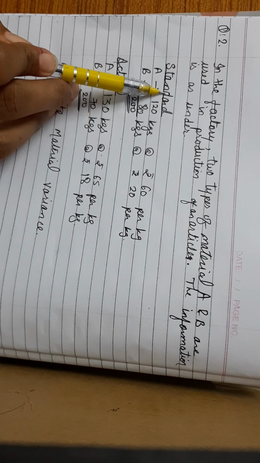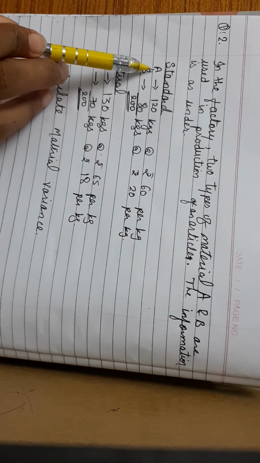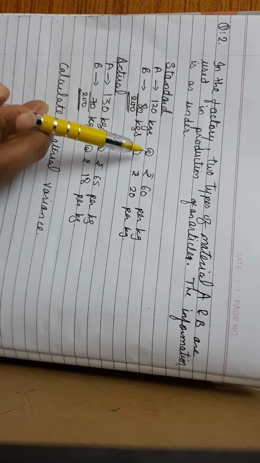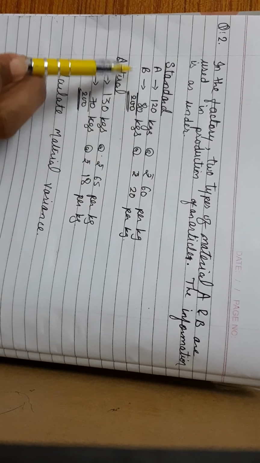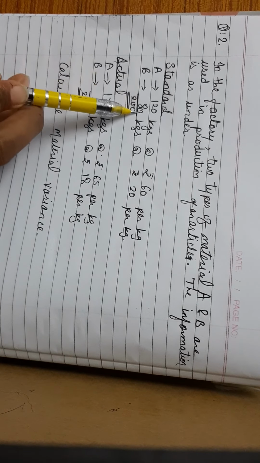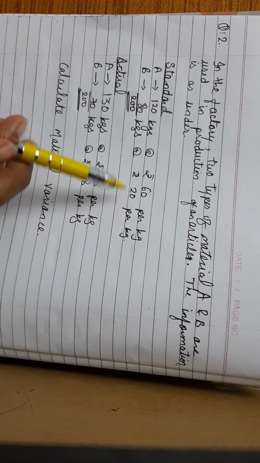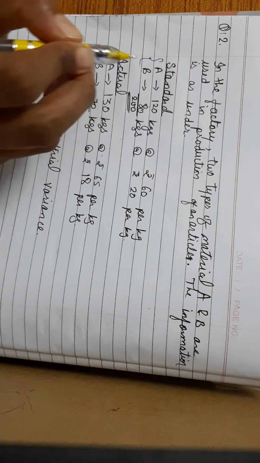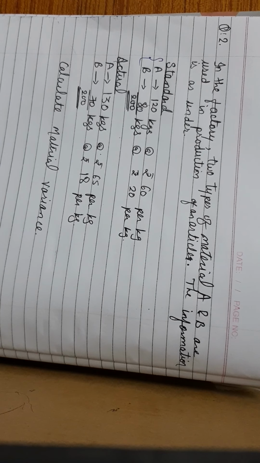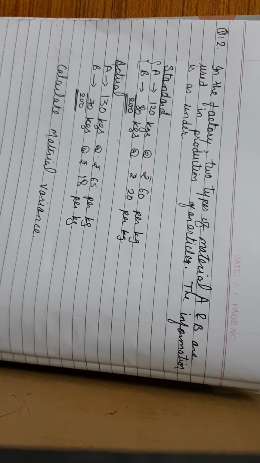So standard for material A is 120 kilograms at rupees 60 per kilo, and for material B that is 80 kilograms at rupees 20 per kilogram, right? This is the standard quantity of material used for the production of a single product.